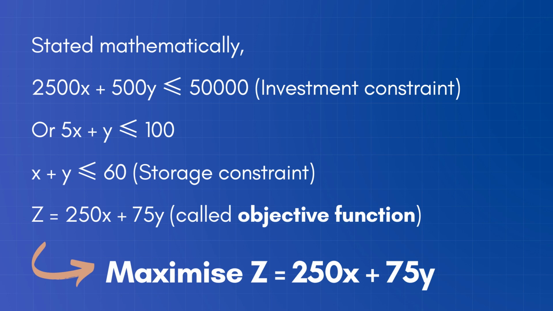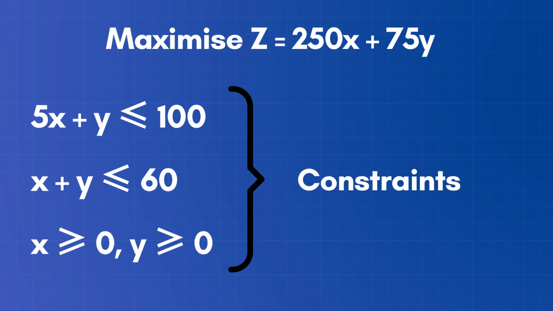So mathematically, this given problem reduces to: maximize z equals 250x plus 75y, subject to the constraints 5x plus y less than or equal to 100, which is the investment constraint, and x plus y less than or equal to 60, the storage constraint. And obviously x and y should be greater than or equal to 0.